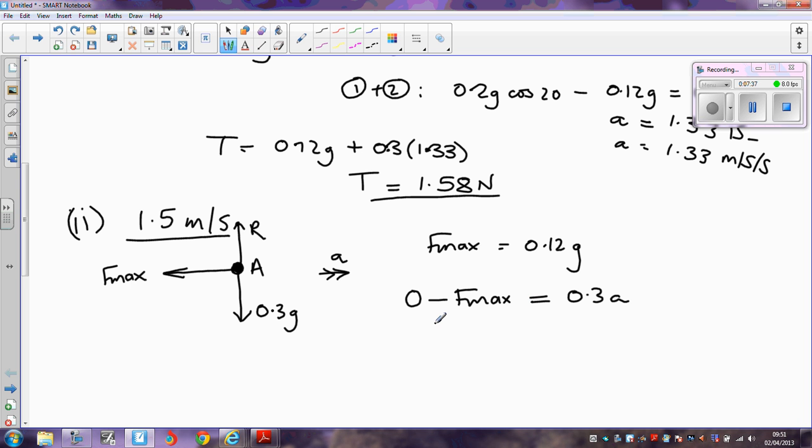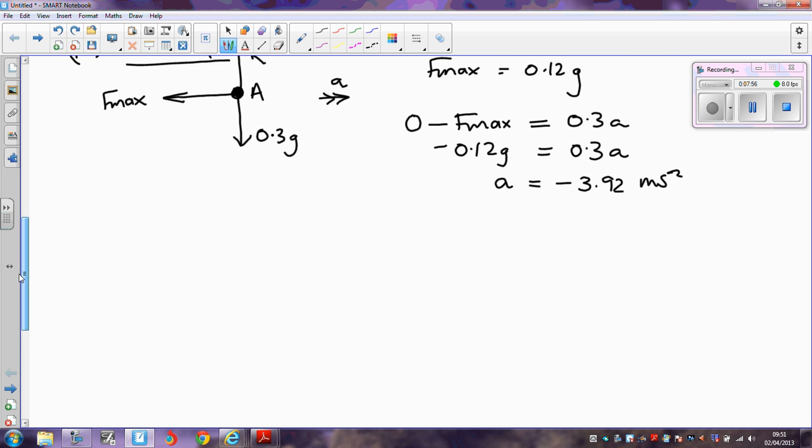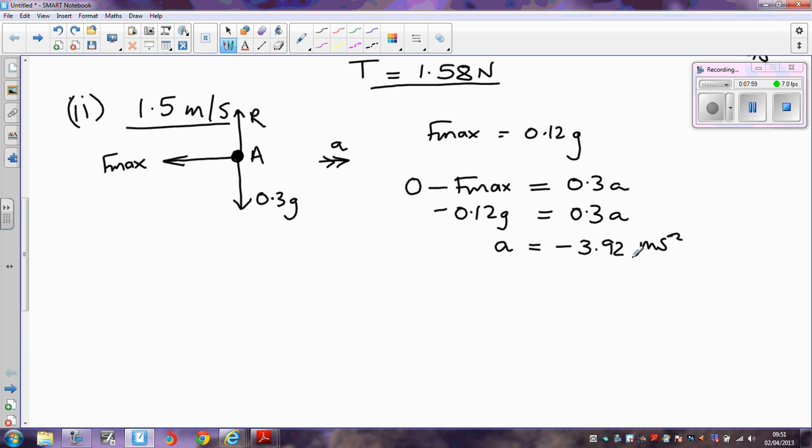As we've said though, F max is the same as it was before, that's 0.12g, so minus 0.12g is equal to 0.3a, and a then comes out as minus 3.92 meters per second squared. I'll write it like that. So what we've now got is A accelerating to the right at minus 3.92 meters per second squared.